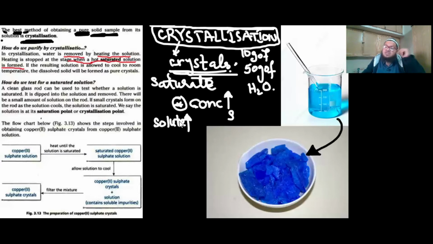Instead of increasing the quantity of solute, you decrease the quantity of solvent. Then you decrease the capacity of the solvent to accommodate the solute, and you get a saturated solution. A saturated solution in simple terms means a solution that can no longer dissolve more solute. Simple, I hope.